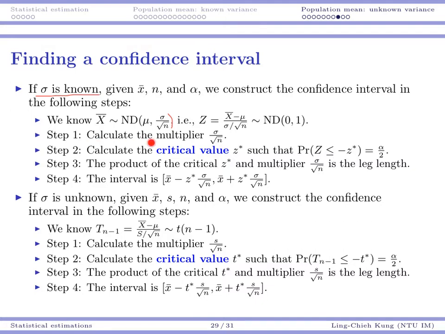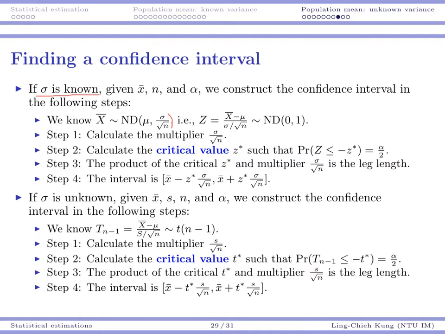First, calculate the multiplier or the standard error, which is sigma over square root of n. And then calculate a critical value z star so that the left tail probability of your standard normal distribution is alpha over 2.